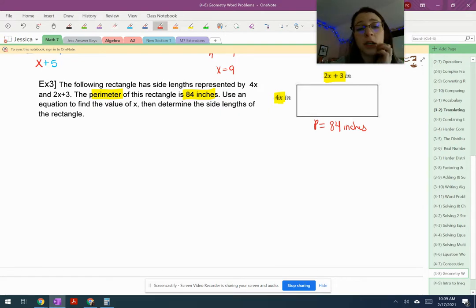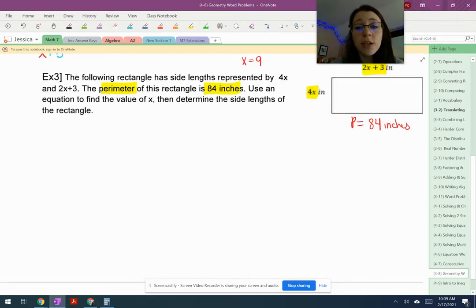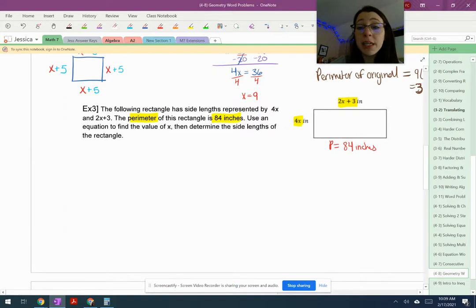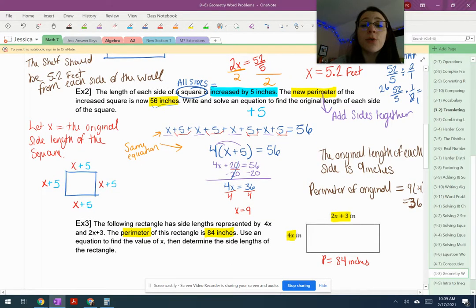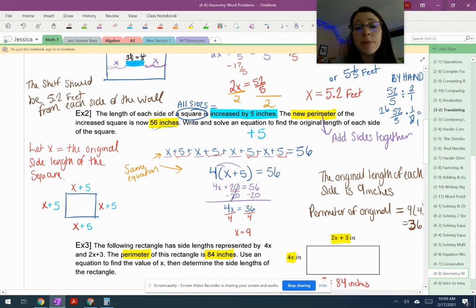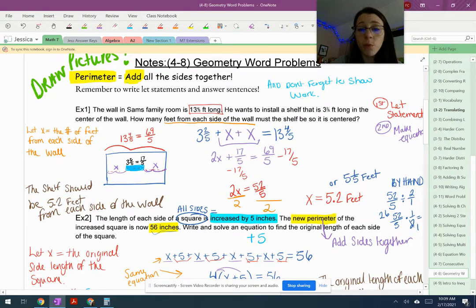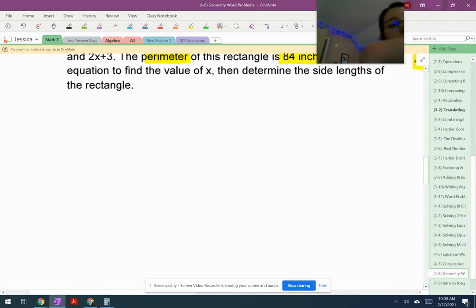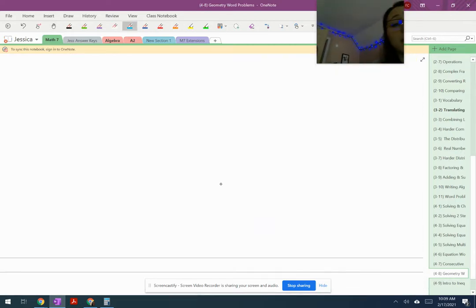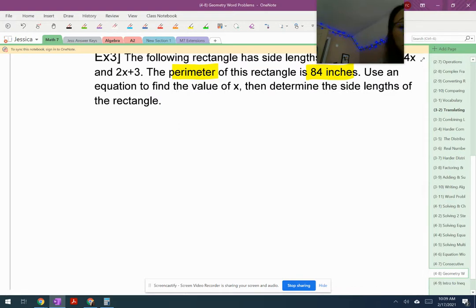All right, so a couple of things to do here. In this situation, because they are giving me x, I do not need to write a let statement. Notice in example 2, nowhere in that problem did they give me an x value to use. Same thing with example 1. Nowhere in there did they give me a variable. So that's the big difference here, and we have to take a moment to write that down.